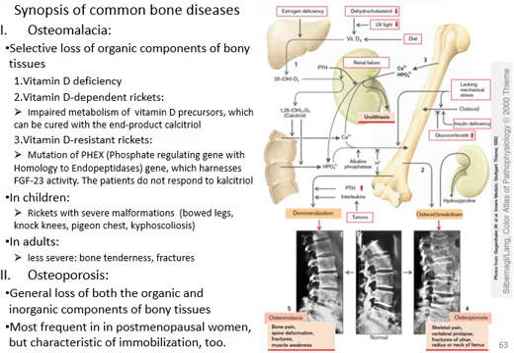Much more severe is the disorder which develops in the young, which is called rickets. Rickets will lead to severe malformation of the skeletal tissue: bow legs, knock knees, pigeon chest, kyphoscoliosis, and it is always related to the selective loss of inorganic components of bony tissues.